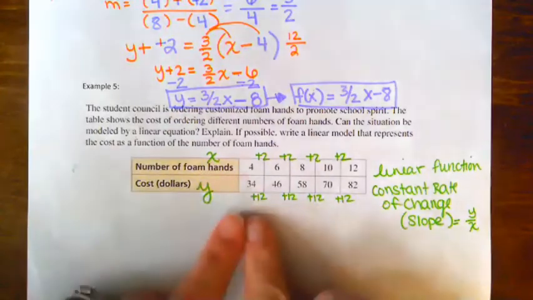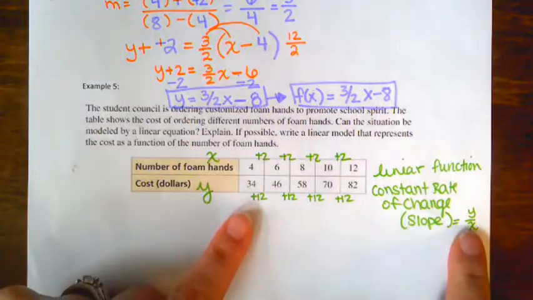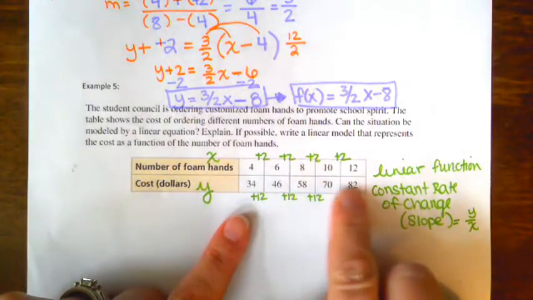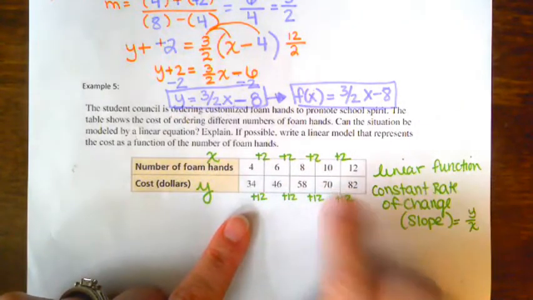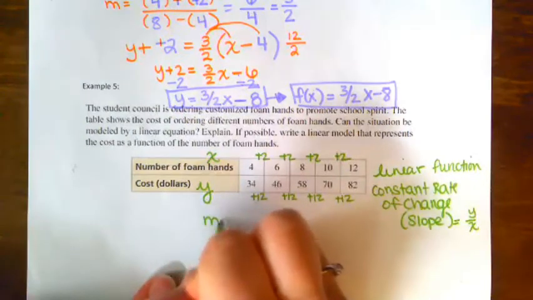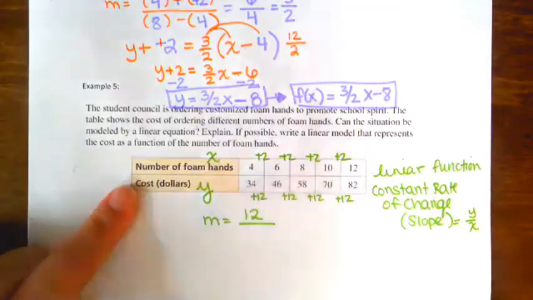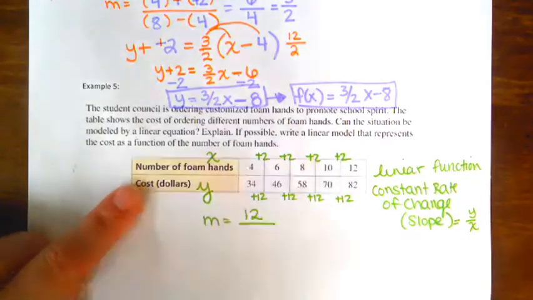So do we know how much it changed here? How much did my cost change every time? Plus 12. 12, yeah. So my cost is 12 over how much did my foam hands change? 2. 2.